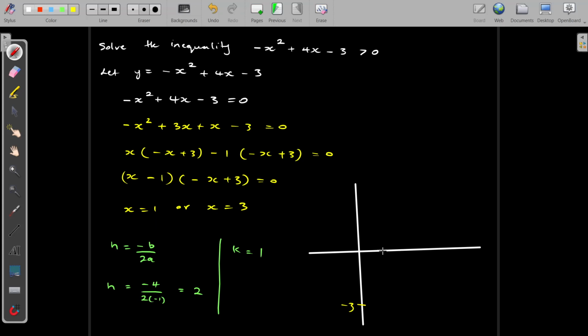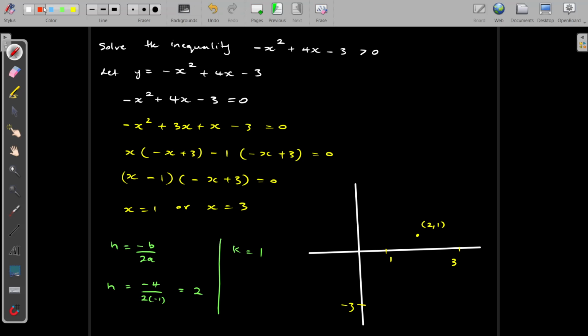The x values are at 1 and 3. This is at 2 and 1, so roughly here. This is hk, 2 comma 1.